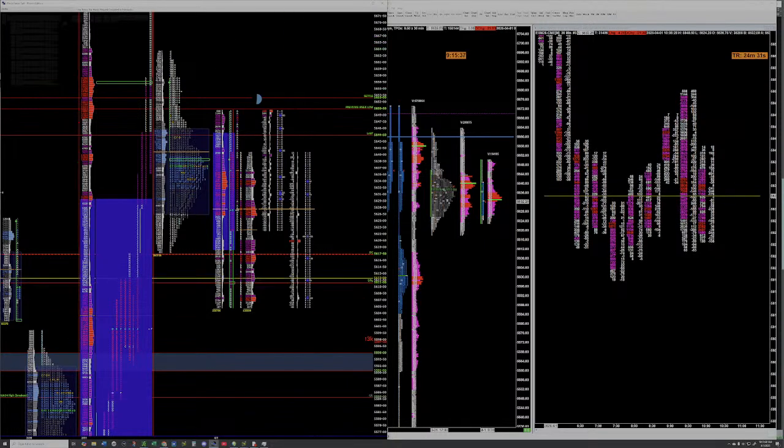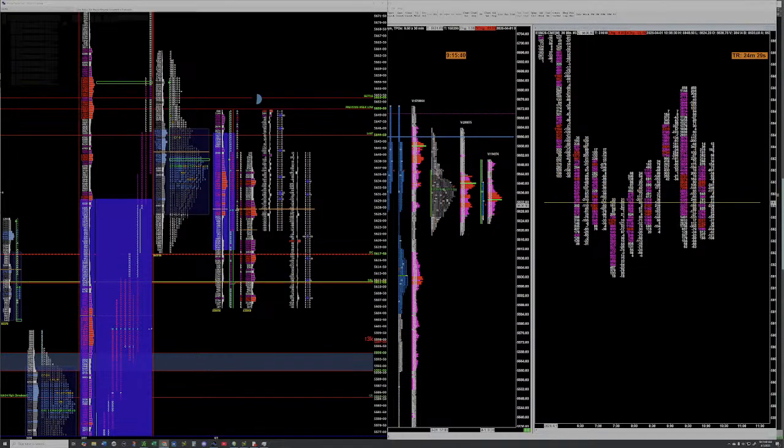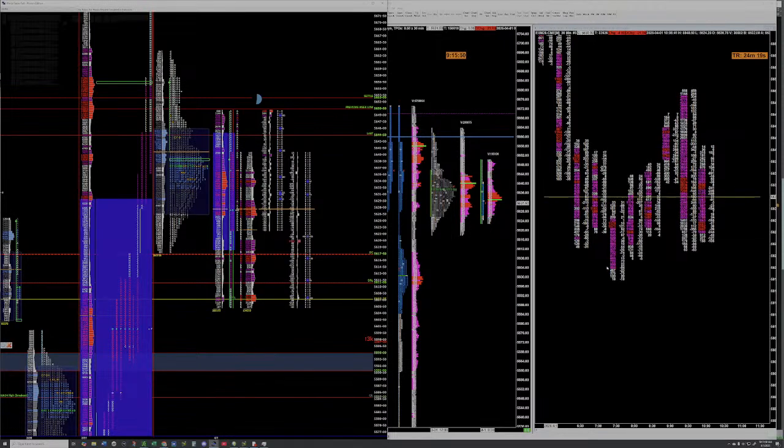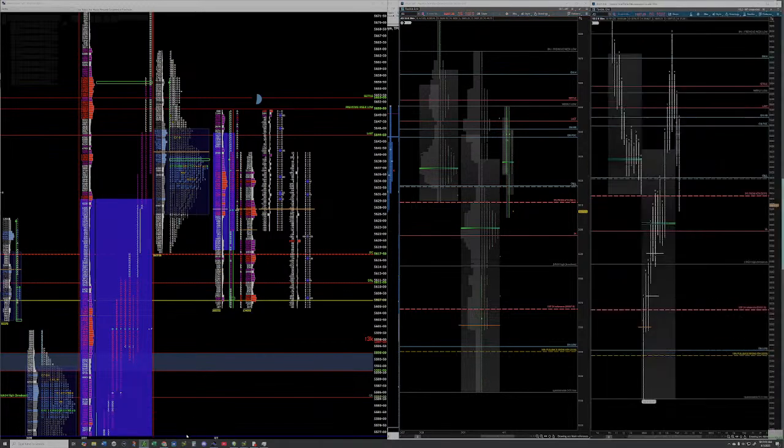One of the first things that we have identified here is the type of day. Well, I have a lot of chop here. Lots of chop. Monkey bars here.